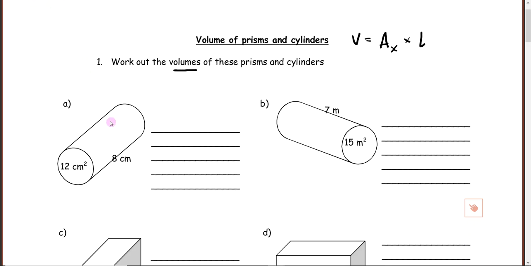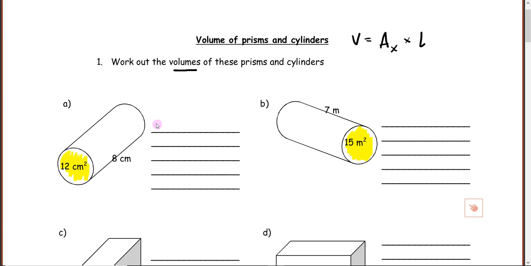So, for instance, these cylinders, the cross-section is what? Circle. It's a circle. So that's the cross-section there. That's also the cross-section. How do I know I've been given the area? Exactly. It says centimetres squared, not centimetres.